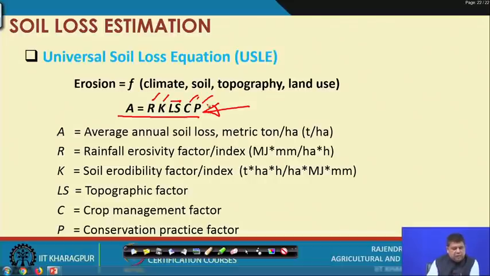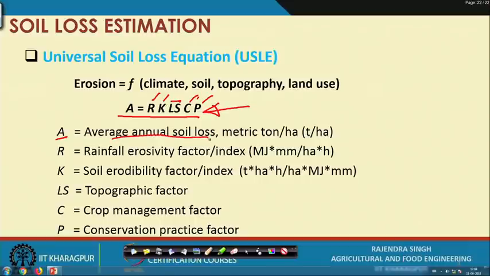Coming to the different terminologies, A is the average annual soil loss, and the unit used is metric tons per hectare or tons per hectare. This is the symbol we use. R is the rainfall erosivity factor or index. Certain texts use factor, certain other texts use index, so that is why I have used both terms.